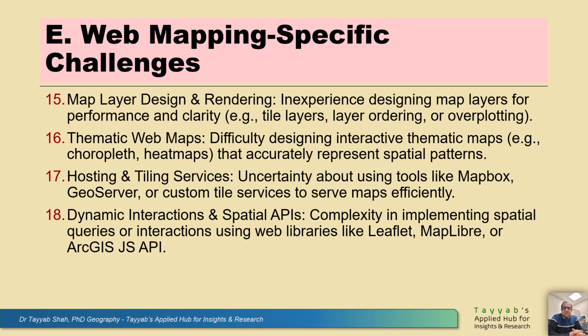Thematic web maps can also be challenging: difficulty designing interactive thematic maps, choropleth maps, and heat maps that accurately represent spatial patterns. Hosting and tiling services, we also need to discuss those options we have in web mapping. So the uncertainty around those tools, we need to have a better understanding of.